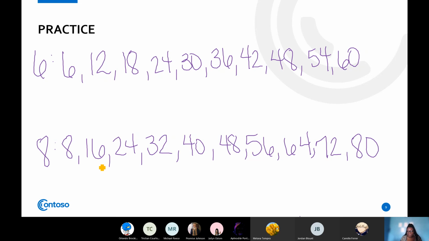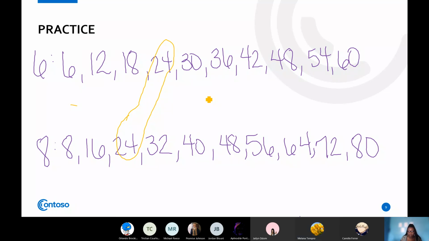So say them out loud as you find them, guys. 18. 8 times nothing equals 18, sweetie. 18 is not a multiple of 8. 48.